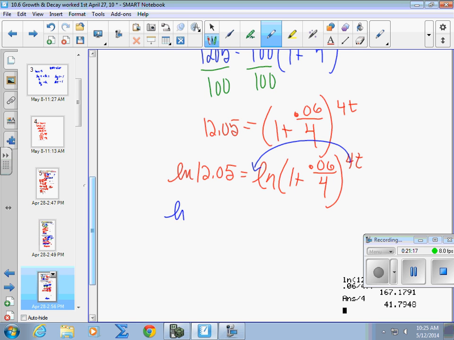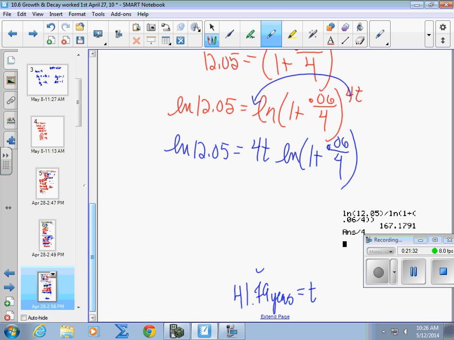So I have LN of 12.05 is equal to 4t times LN of 1 plus decimal 0.06 divided by 4. So then I would divide.